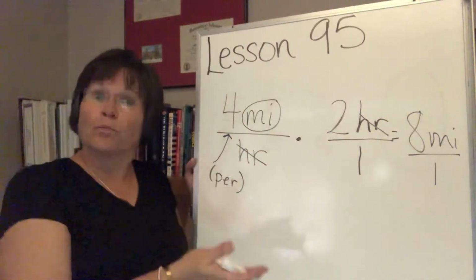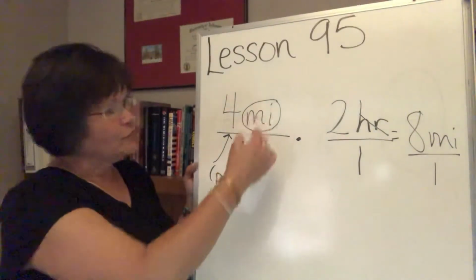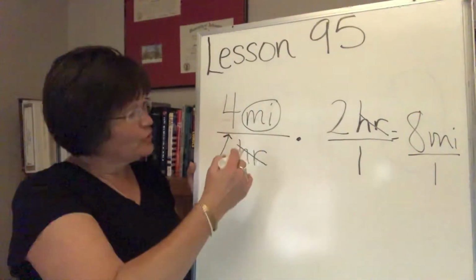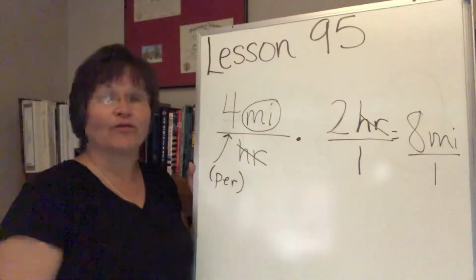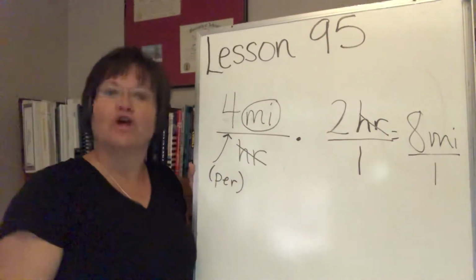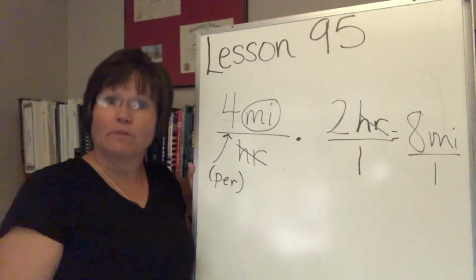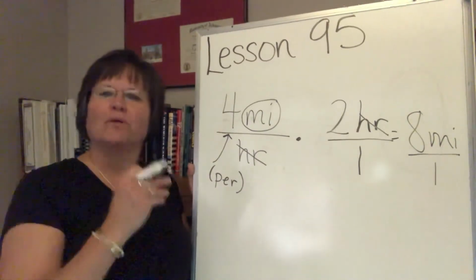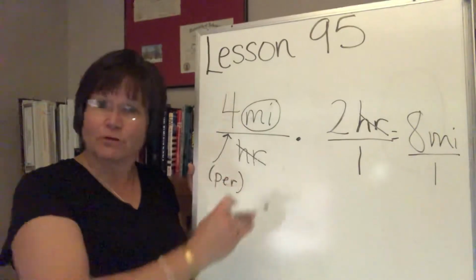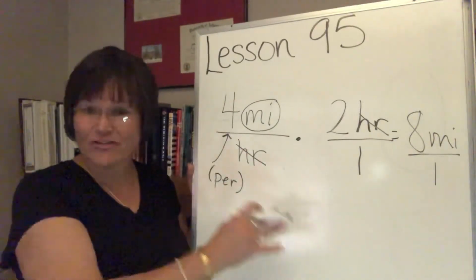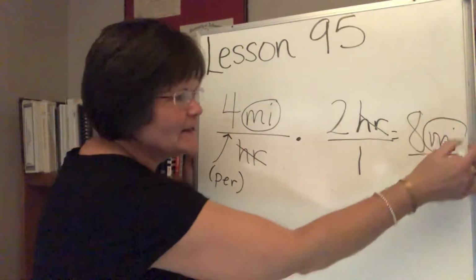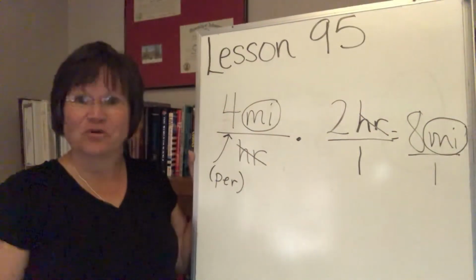Now, it is super important that you know how to set up this problem as a multiplication problem, and you know how to cross-cancel out the units, because in the future, you will be given a math problem that is not a simple problem where you know the answer, and you will be expected to know how to set up the multiplication and how to cross-cancel the units, so you know what the end unit should be in your problem.